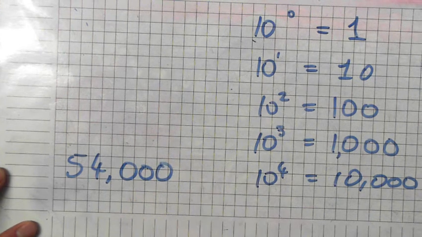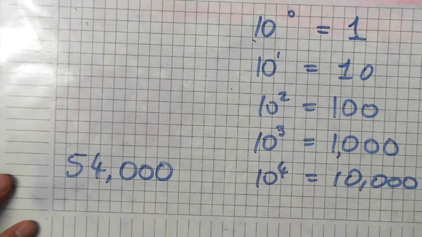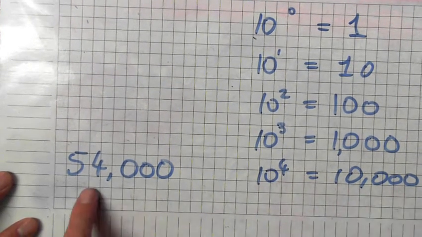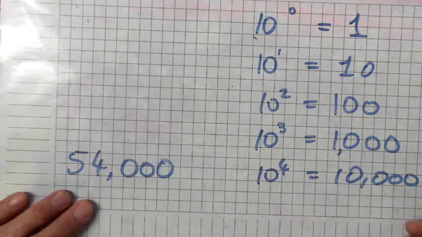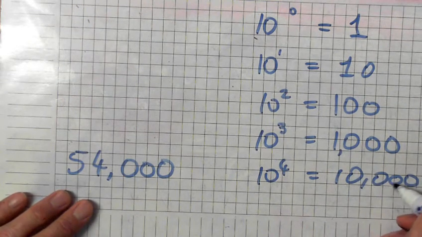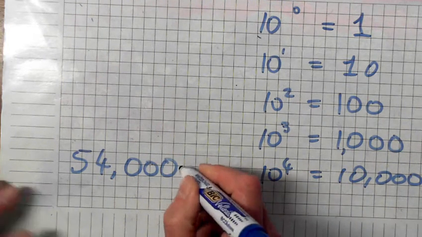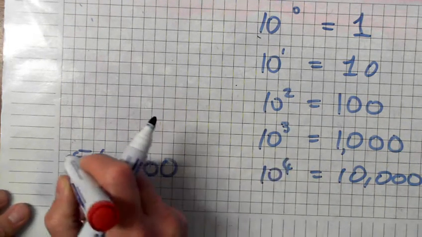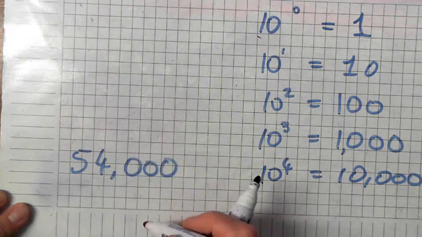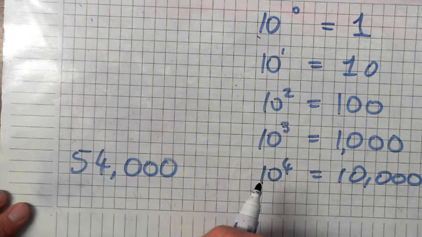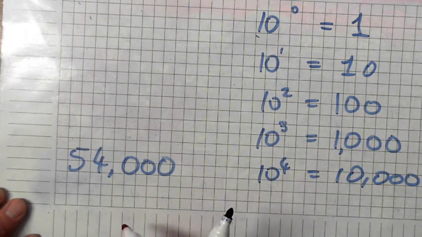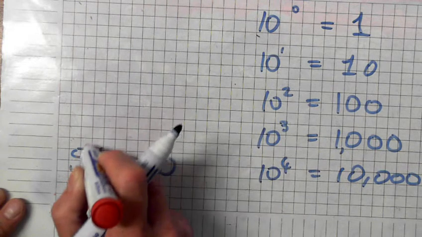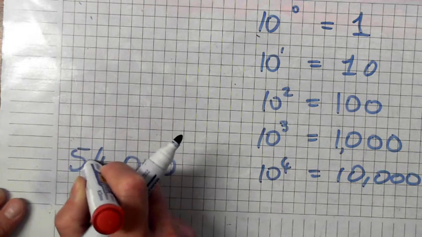54,000. How do we write that? What do you multiply by 10,000 to get to 54? Well, watch. Here's how to do it. How many zeros do you have? 4. The number that I pick to multiply by 10,000 needs to be between 1 and 10. First of all, put my decimal point here.